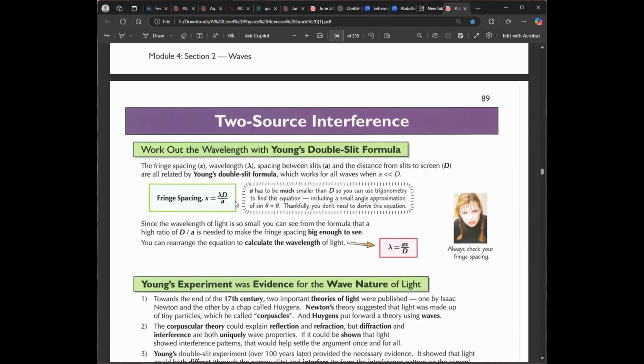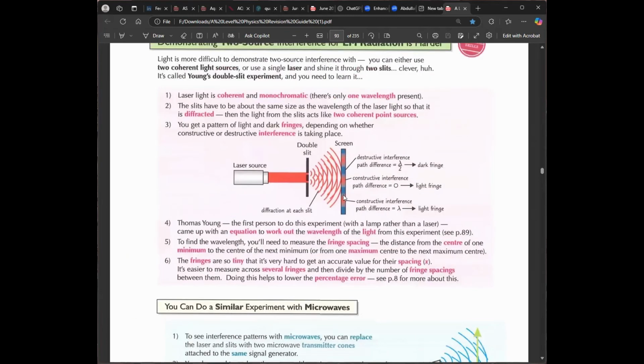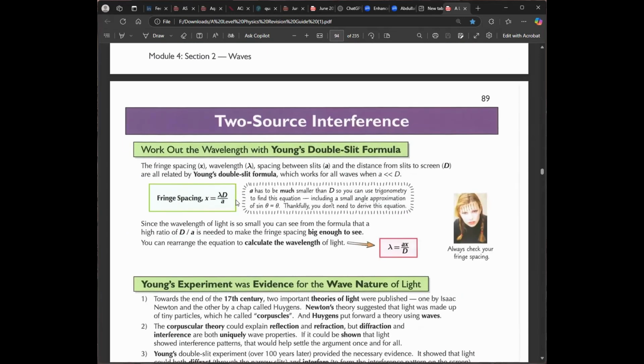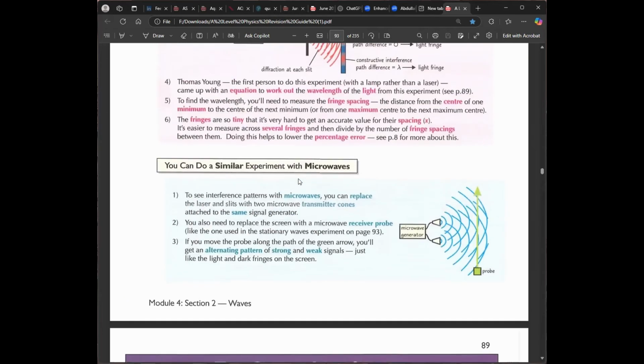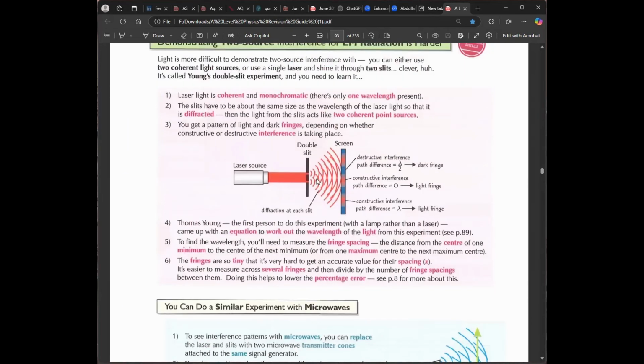D is the distance of the screen from the slit, where you are actually looking at the interference happening. And A is the spacing between the slits, and X is the distance between the fringes.